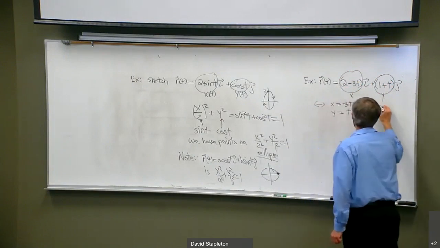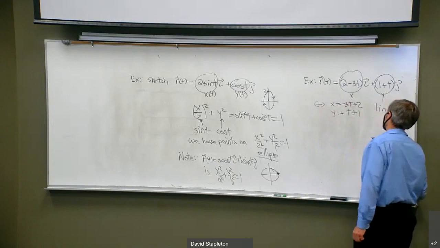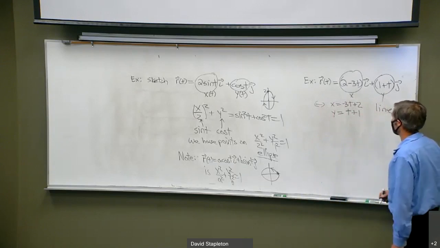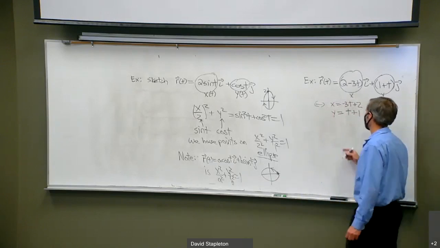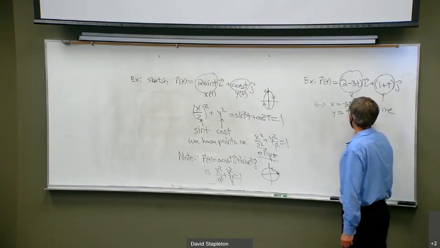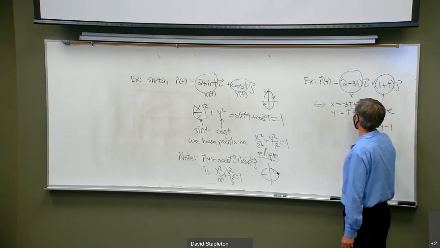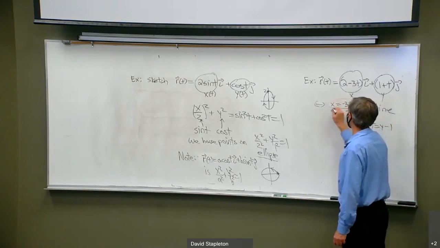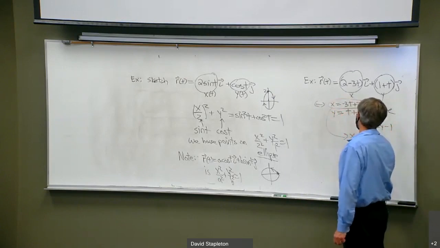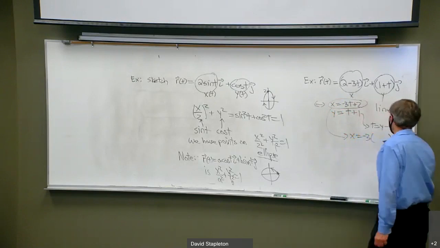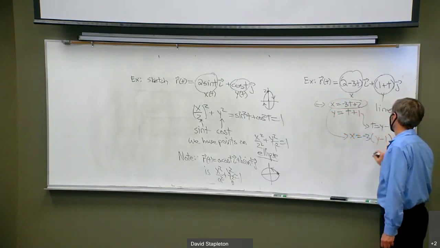It's a line, whenever it's linear equations like that. You can find out what the line is simply by solving for y as a function of x, right? So in this one, t equals y minus 1, and then I can plug it into the other equation. x equals minus 3t plus 2, put in y minus 1 here.